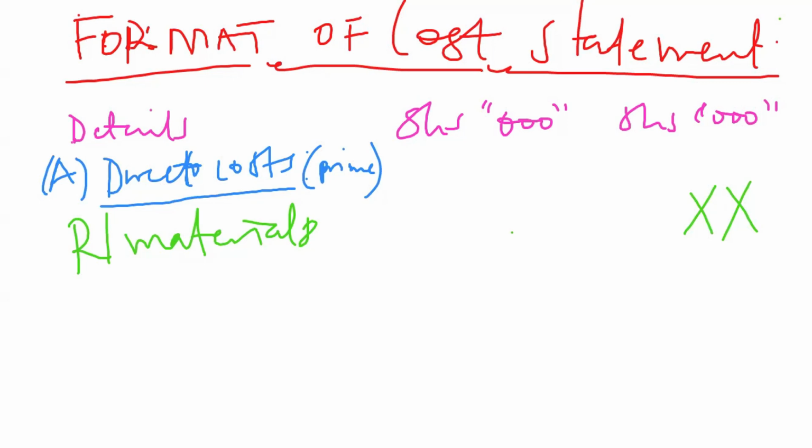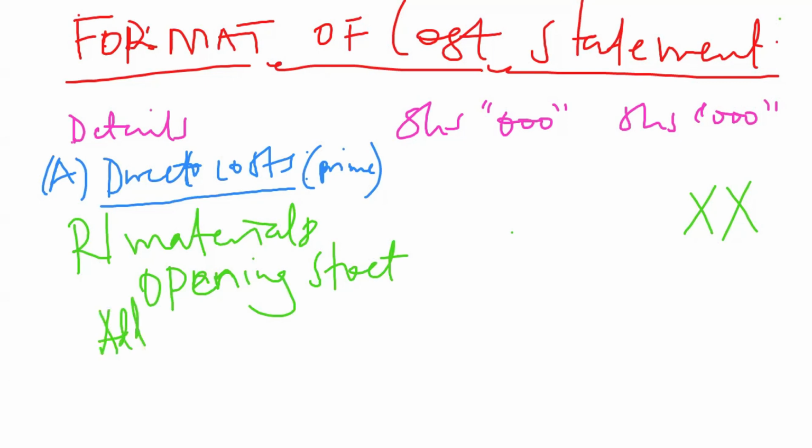Because for you to get the materials, we have the opening stock of raw material. We add what we've purchased. So on this one, we add purchases of raw materials.